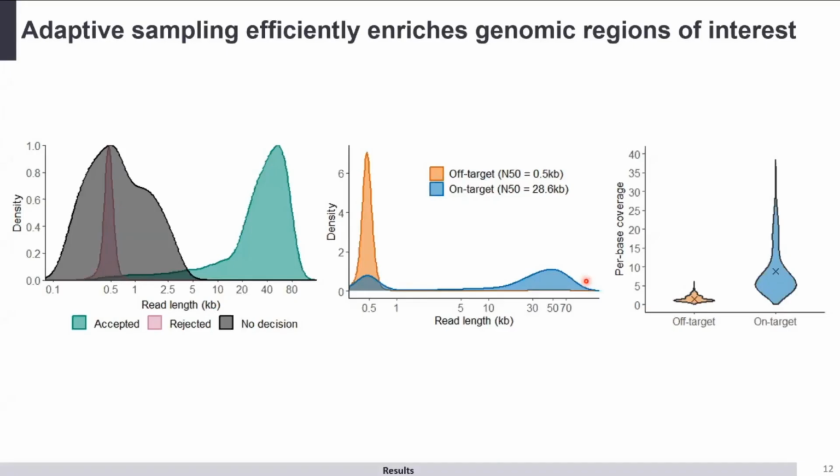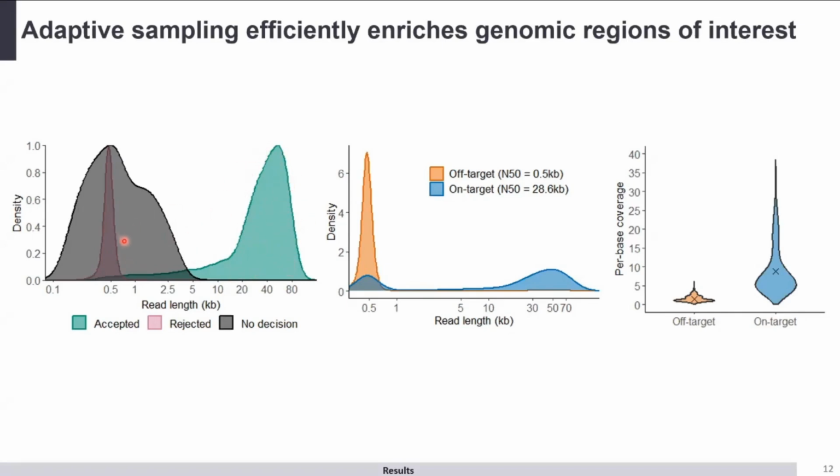As I said, we perform adaptive sampling using our target panel on the well-known reference sample, the Genome in a Bottle reference sample HG002. The figure on the left here shows the distinct distribution of accepted reads, which matches our desired target size around 40 kb.